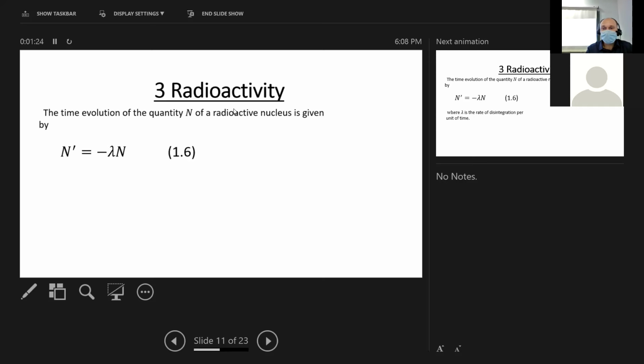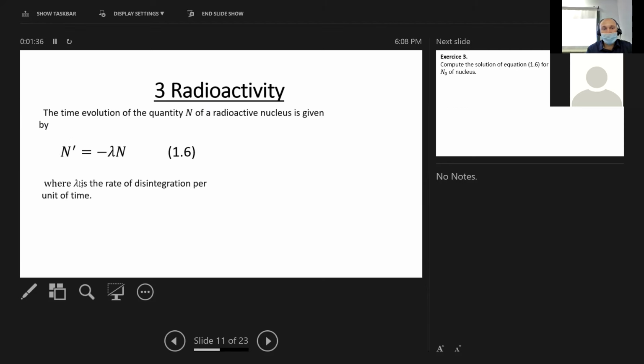And so there is an equation for that: the quantity of matter in the nucleus follows this equation, where lambda is the rate of disintegration per unit of time. All right. And so, yeah, you can just write equation 1.6.